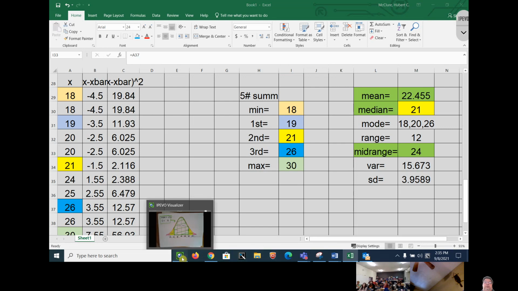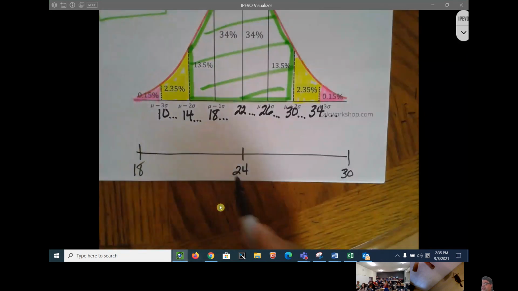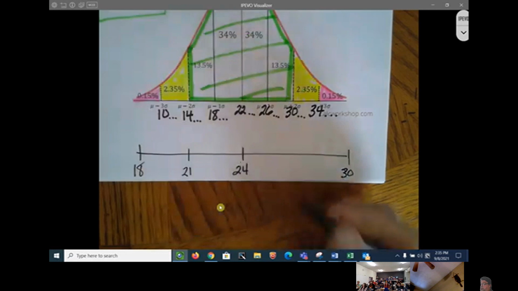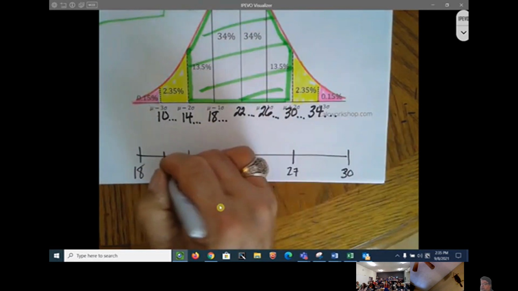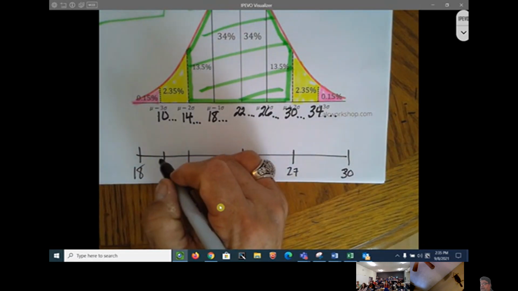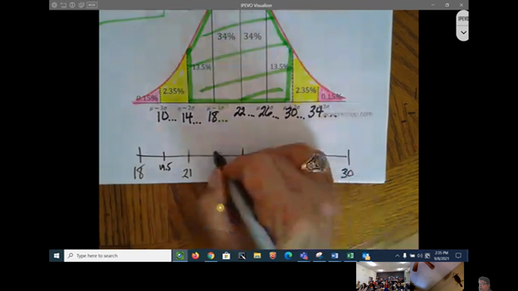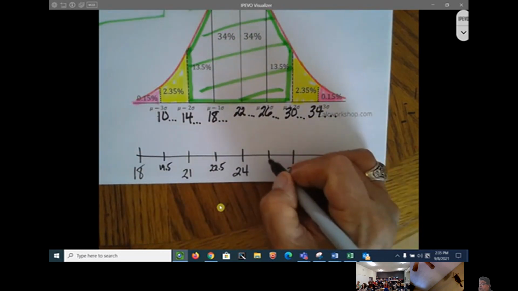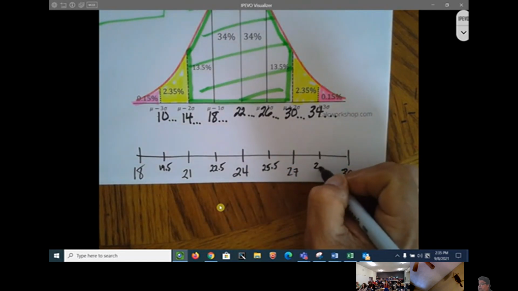Let's graduate it. So 18 to 24 is 6. Half of 6 is 3. That'd be 21. That'd be 27. This would be what? 18 to 21 is 3. 1.5 would be 19.5. 1.5 would be 22.5. 25.5. And 28.5.